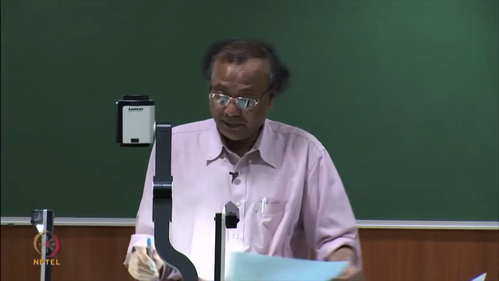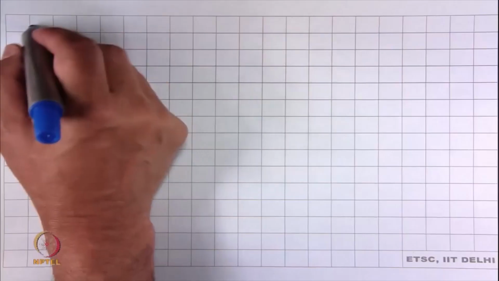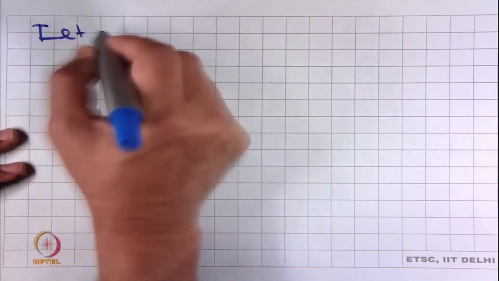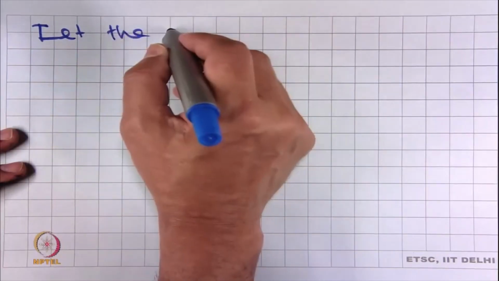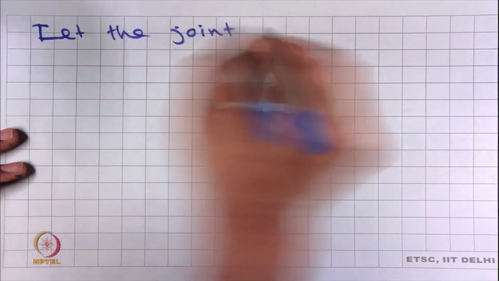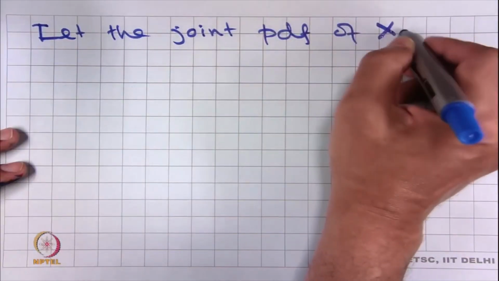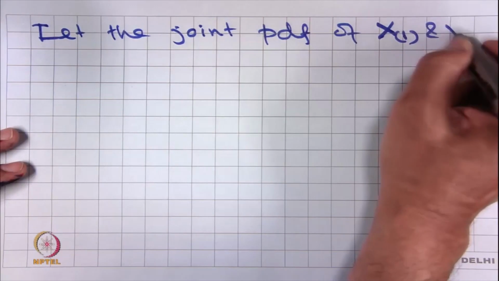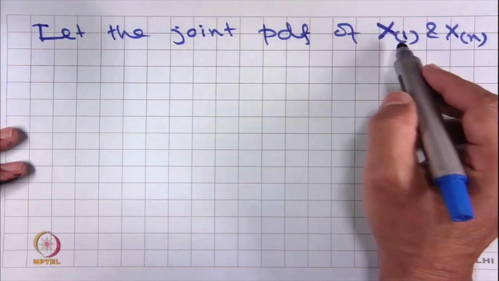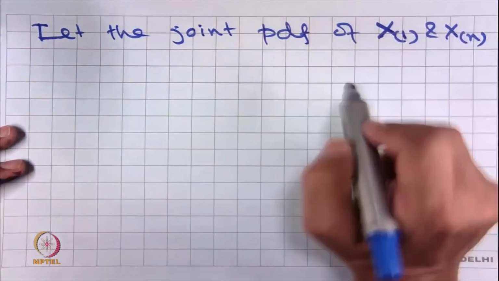So, let the joint PDF be, so my r is 1, my s is n.